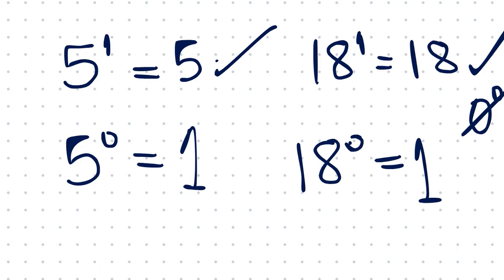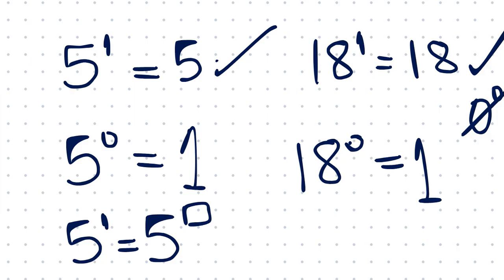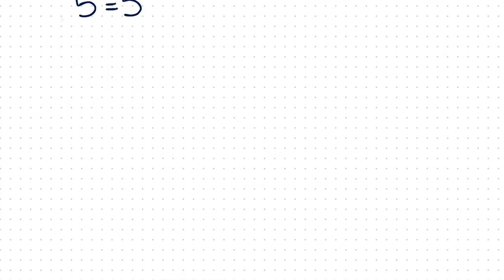Good job. Now, I will just remind you that if something is to the power of 1, we do not have to write any exponent at all. This is very important later on.